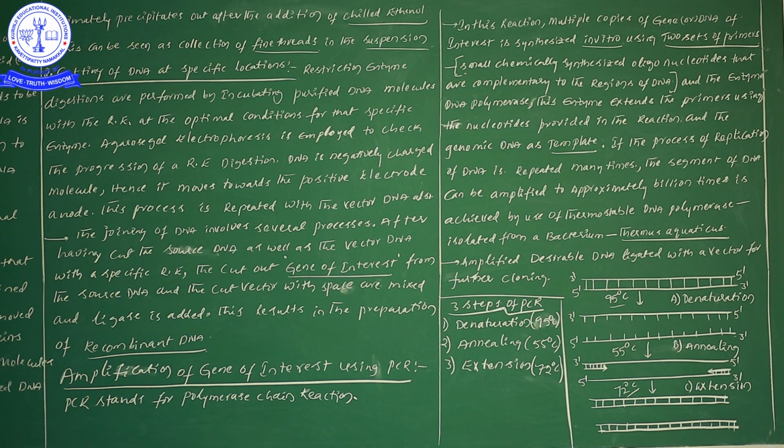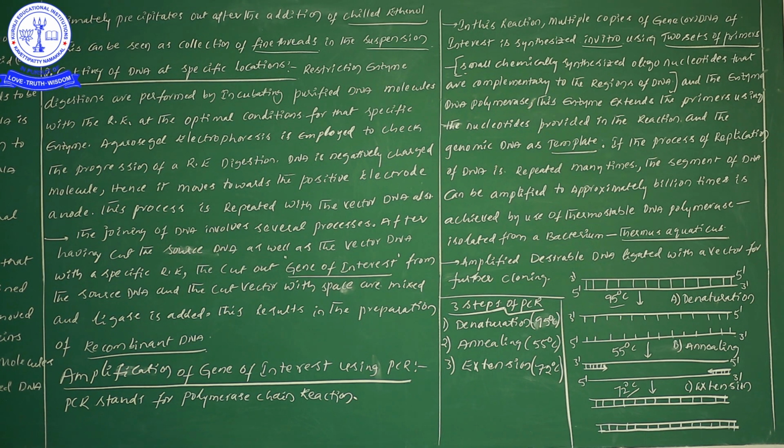The gene of interest is where we will find the desirable characters. One point I ask you to remember: what is the name of the restriction enzyme we are using for the cutting of DNA?